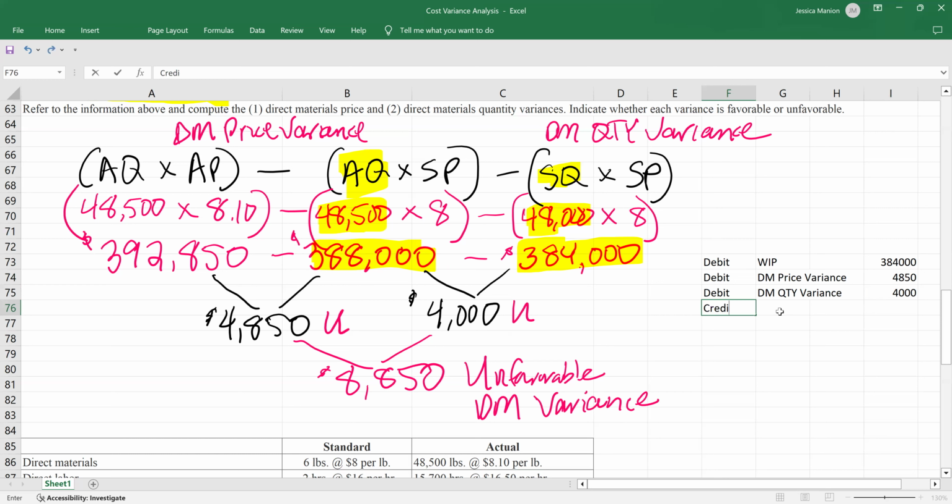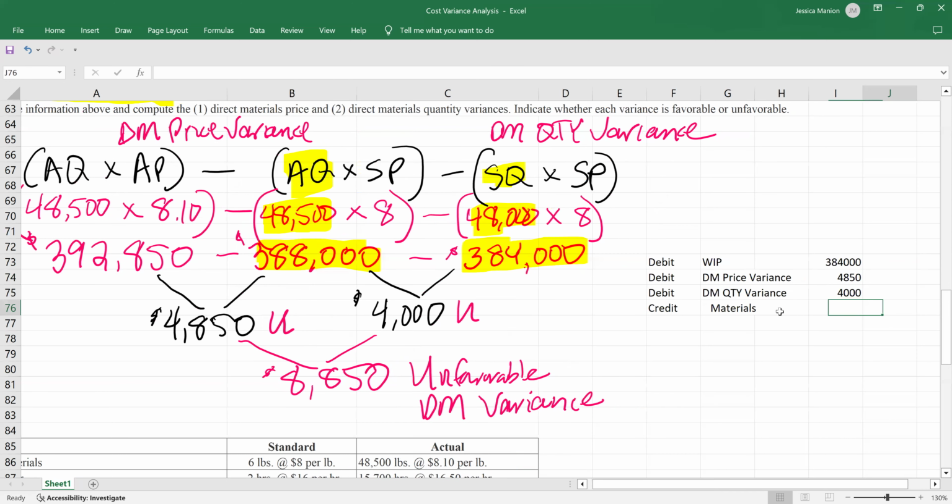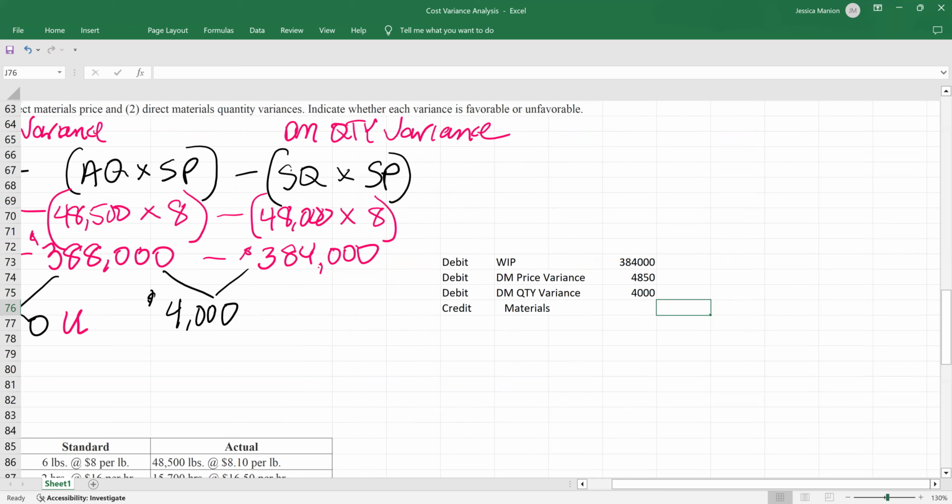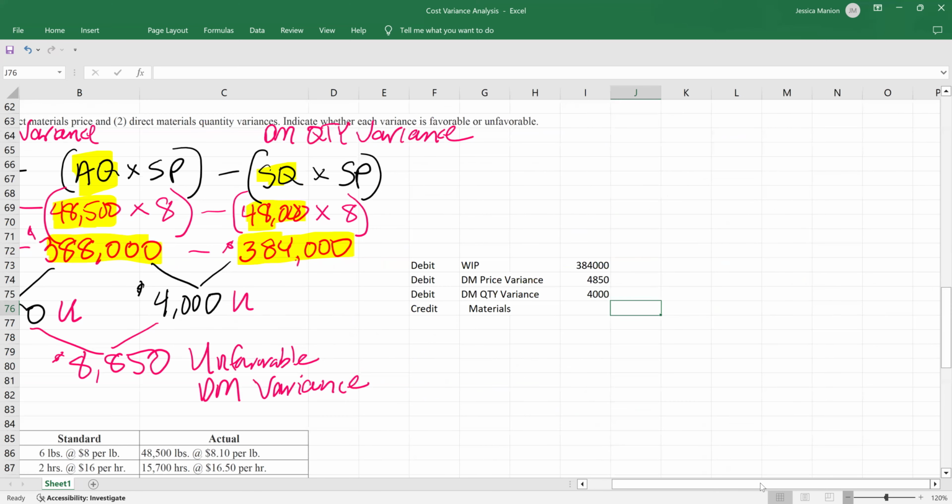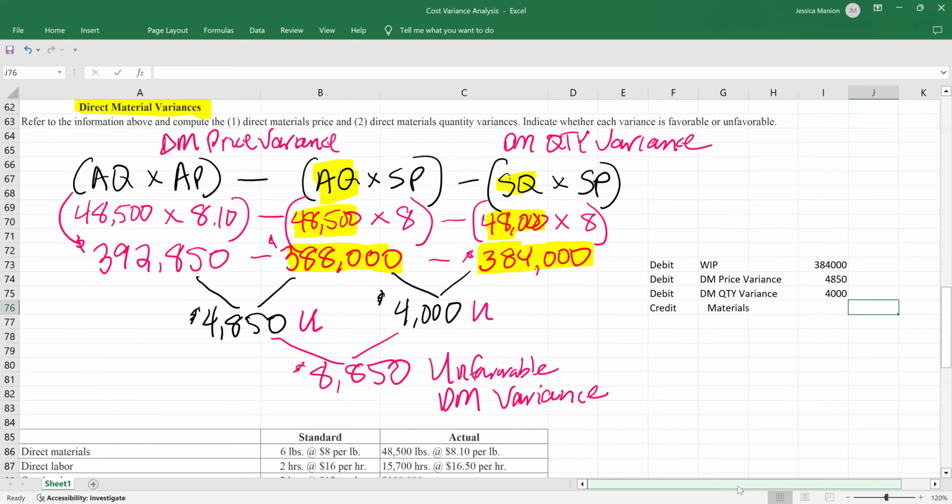And then we credit materials for the actual amount used. And of course, when I go this way, then it takes the picture away. But the actual, which was 392,850. Materials, material inventory, right? Our materials account is what that one would look like.